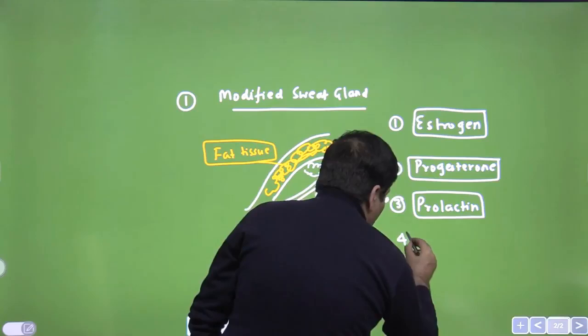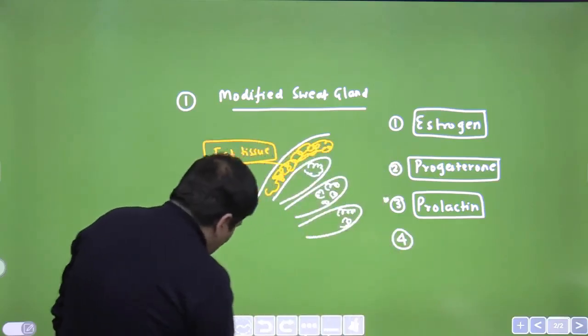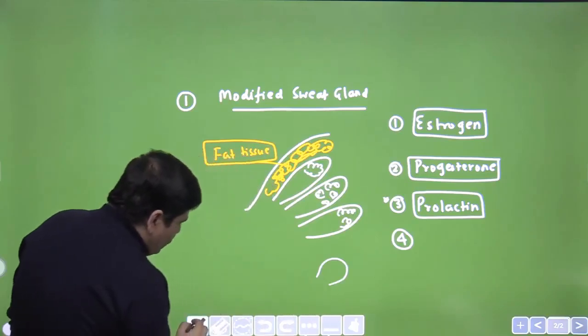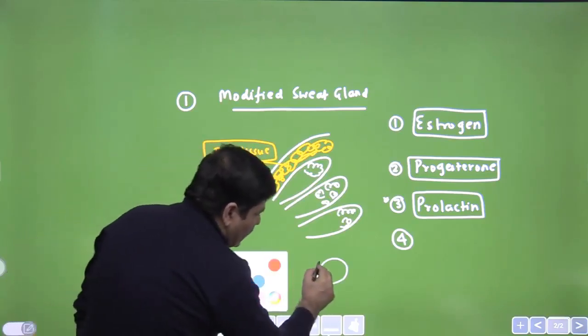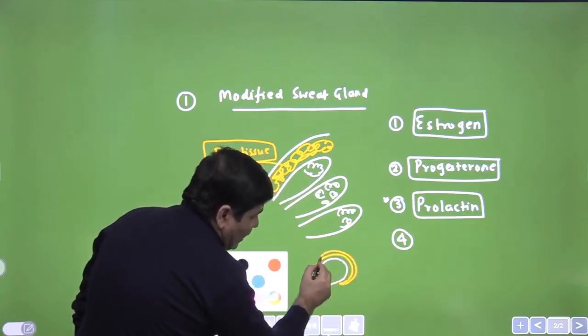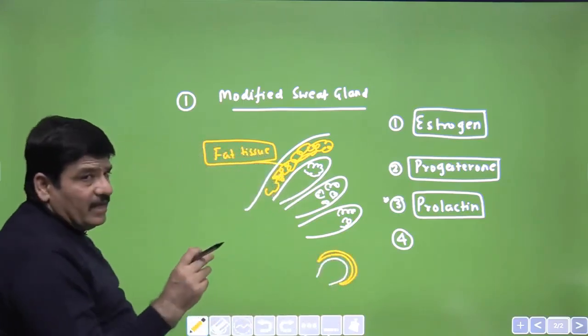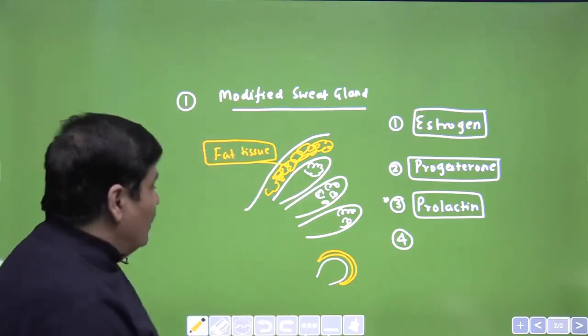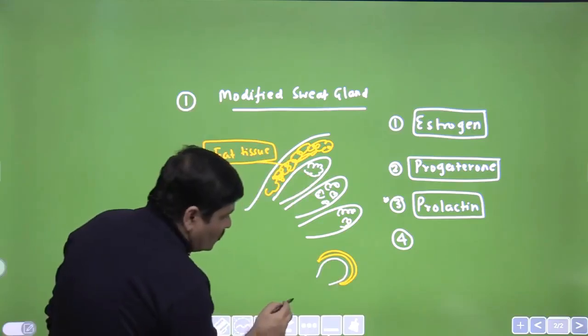And finally the milk secreting apparatus, which is called the alveoli, the alveolus, is actually surrounded by what is called a myoepithelial cell. So myoepithelial, that means this is a very modified epithelium that is able to contract, and this contracts under the influence of oxytocin.